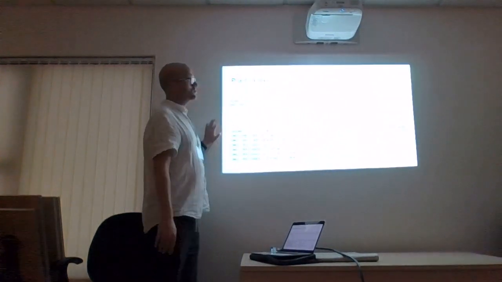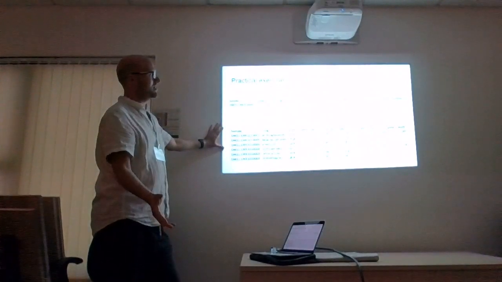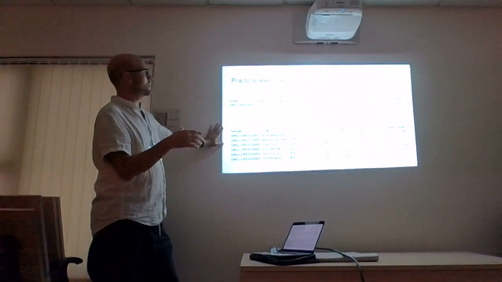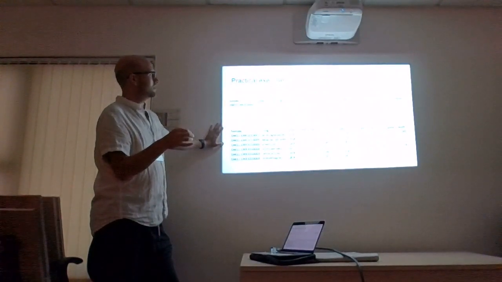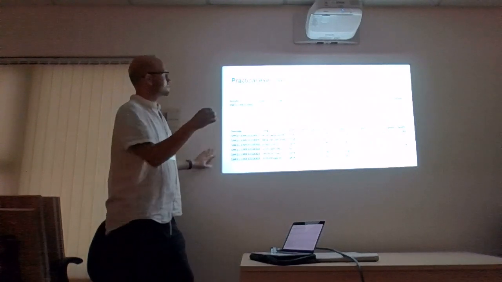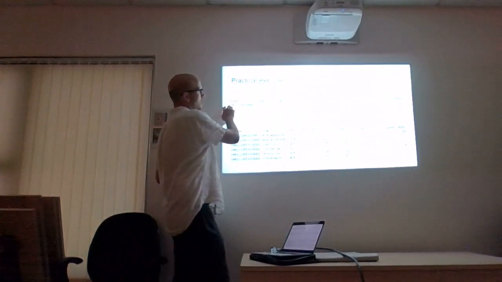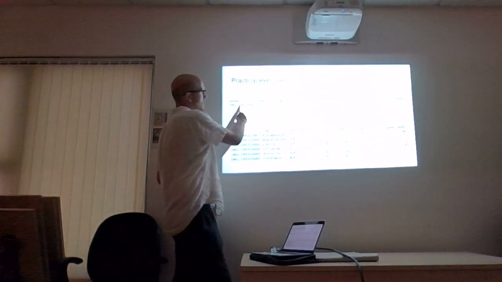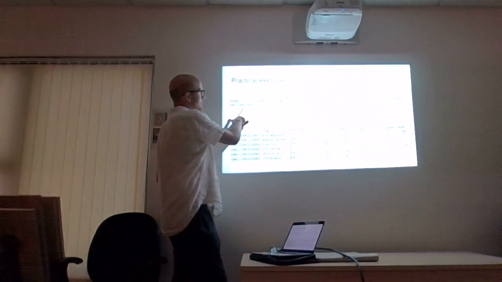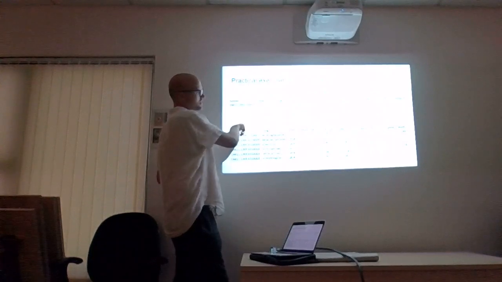Okay, so these are the 2 different output tables that you need to make. The first table is 1 line per sample. So this will have 2,087 lines or whatever it is.